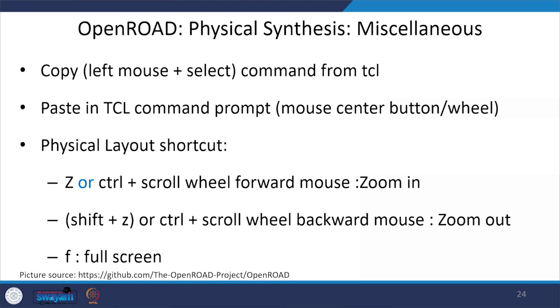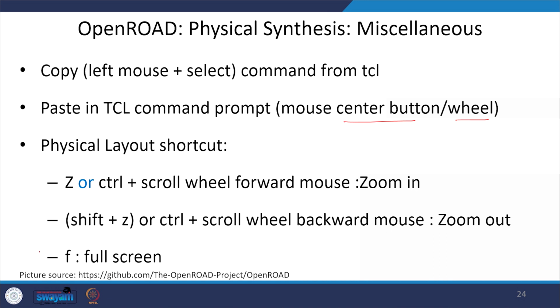There are some shortcuts used for the OpenROAD tool. For copy, you need to select with the left mouse and select the command from the Tcl. To paste a Tcl command, you use the mouse center button, the middle wheel. For the physical layout, there are 3 shortcuts.